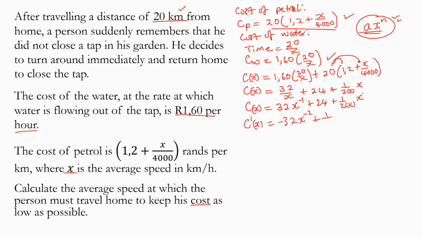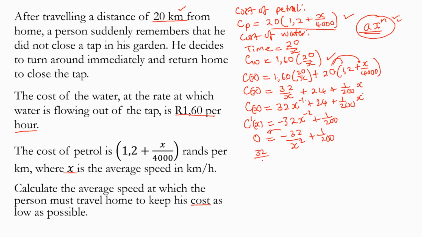So we just remain with 1 over 200 here. Okay. All right. So at the minimum point, this derivative is equal to 0. So we're saying 0 is equal to, let me write it as a fraction to make our life easy, negative 3,200 over x squared plus 1 over 200.